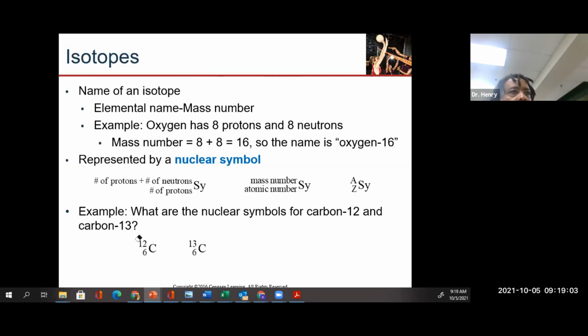Up top is the mass number, at the bottom is the atomic number. So that's one way of writing it as well. You'll see it written both ways on your exams, and also in the literature. Another way of writing it is writing out the element, so carbon-12. So that means that this is isotope 12. This guy is isotope 13.